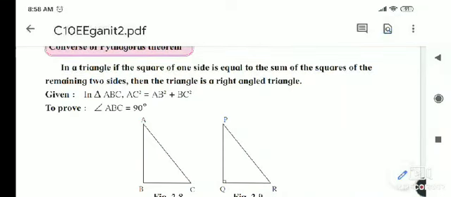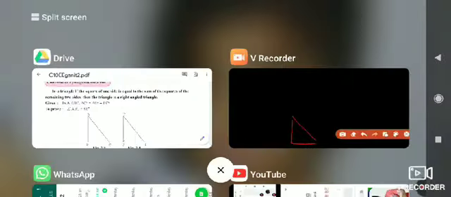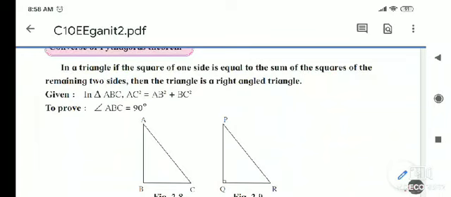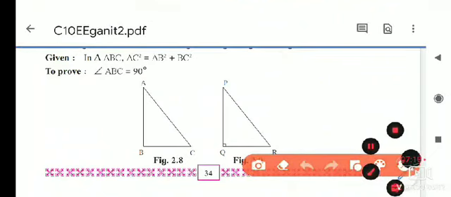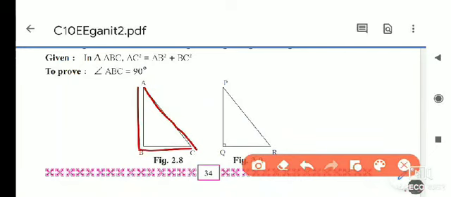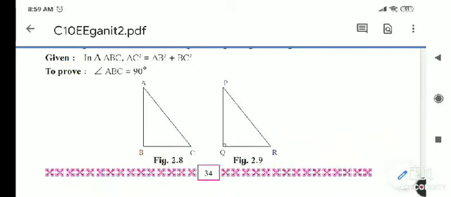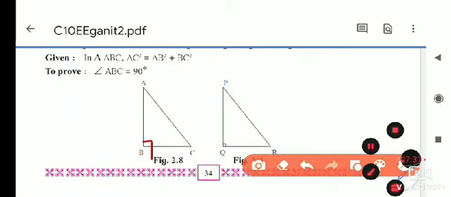Now what we have to do here: we take one triangle, and in this triangle, given inside, AC square is equal to AB square plus BC square, and we have to prove that this triangle is a right angle triangle, means angle B is equal to 90 degrees.